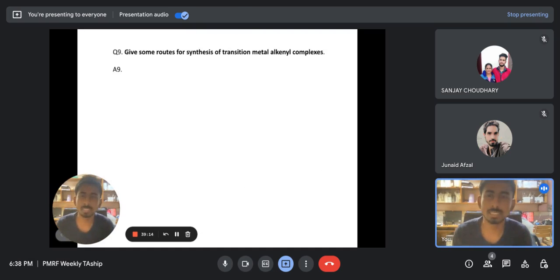Now the ninth question is: give some routes for the synthesis of transition metal alkyne complexes. So here we are going to discuss the transition metal alkyne complexes.